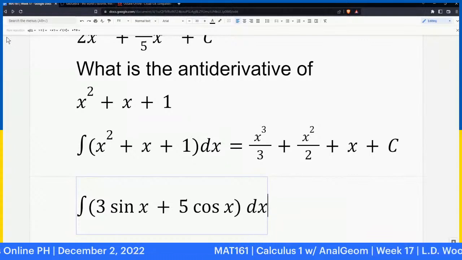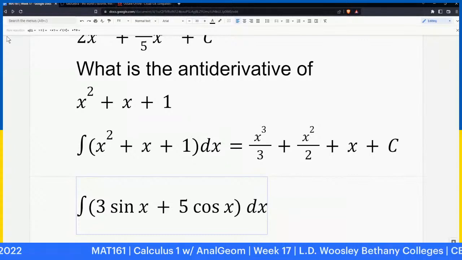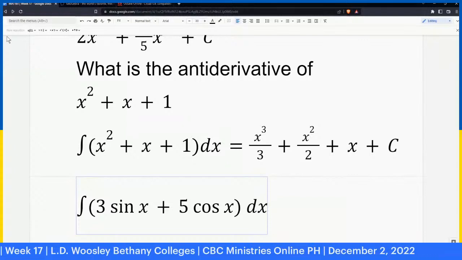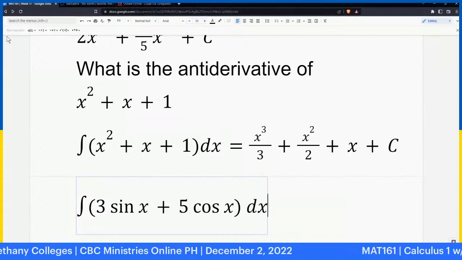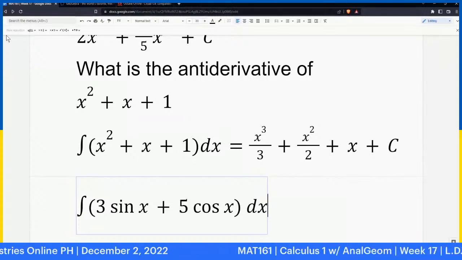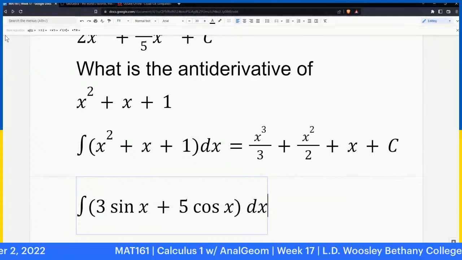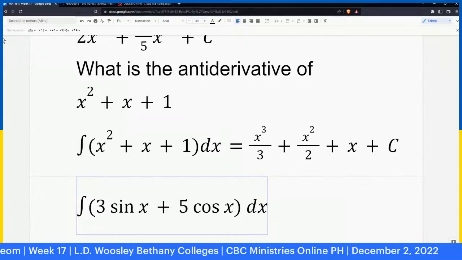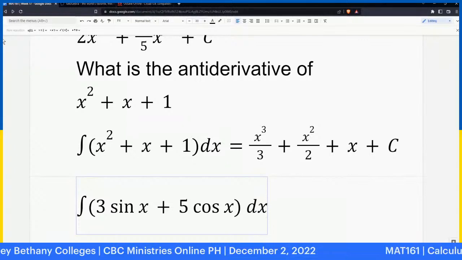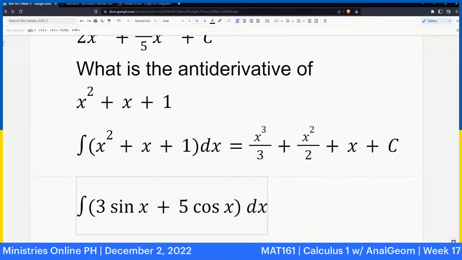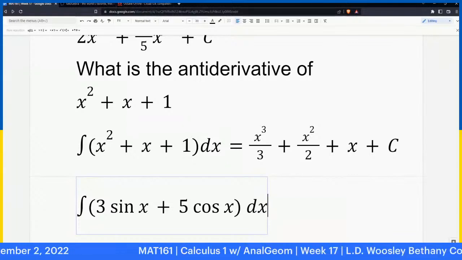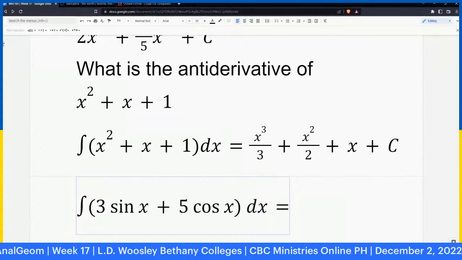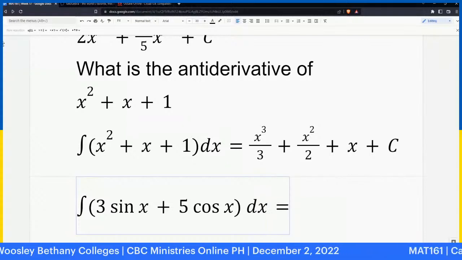I-try po, sir. Sige, you try. Cos 3x plus sin 5x. Nawala yung audio mo. What is the answer? Integral of 3 sin x, rather.